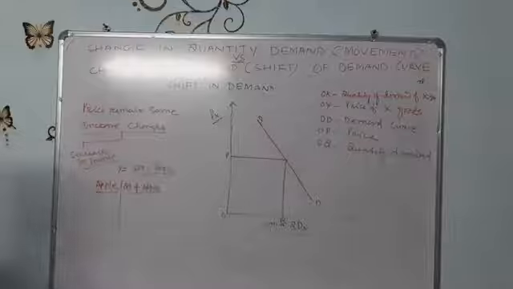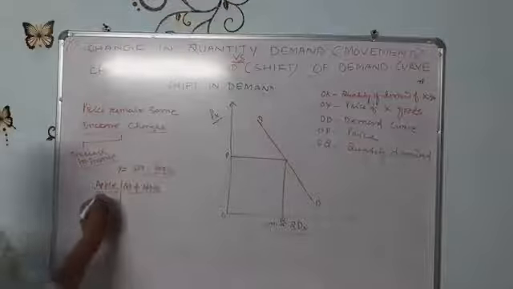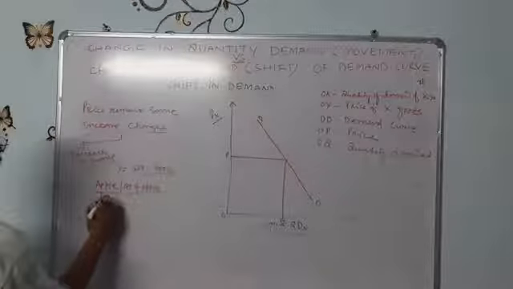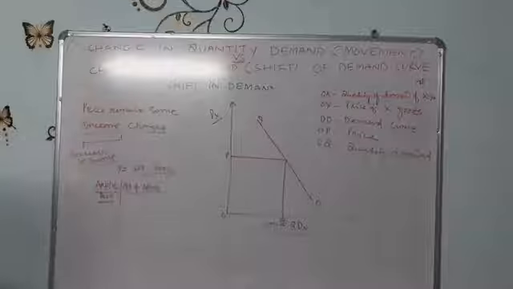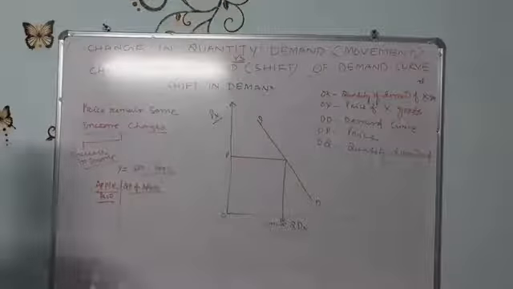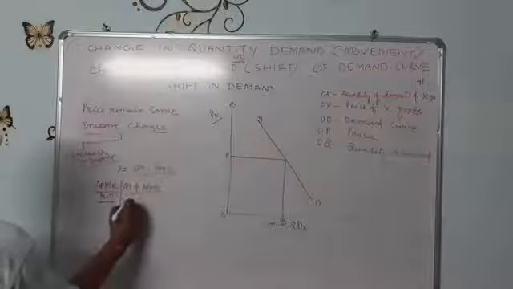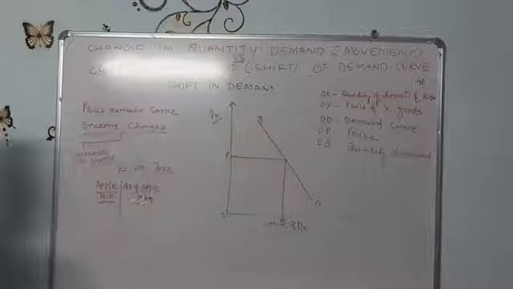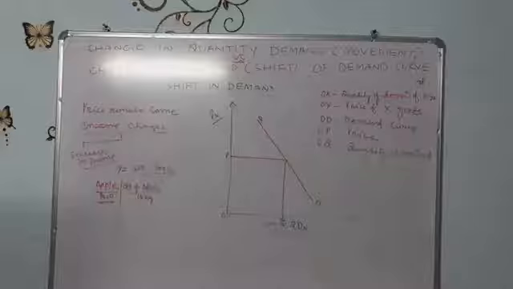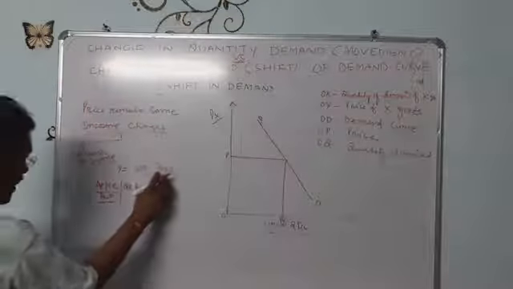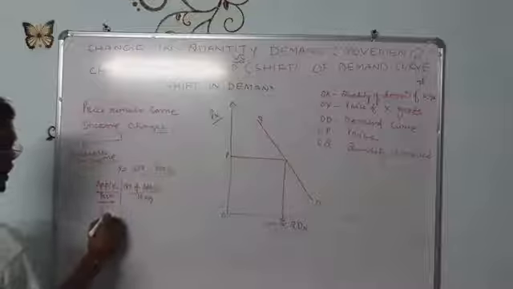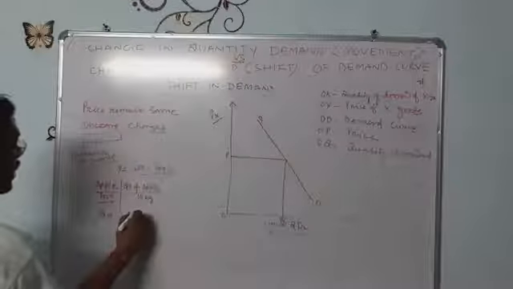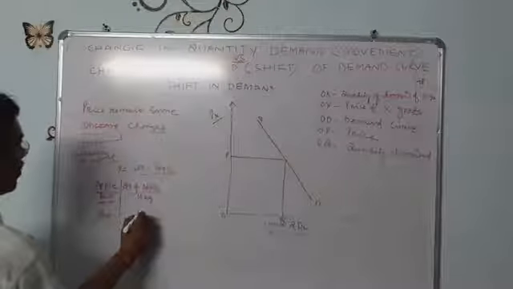How much is he spending? And the price of an apple is 50 rupees. So at 50 rupees, a person was demanding 10 kg of apples in a month. When income increases, at the same 50 rupees, he may demand 12 kg.